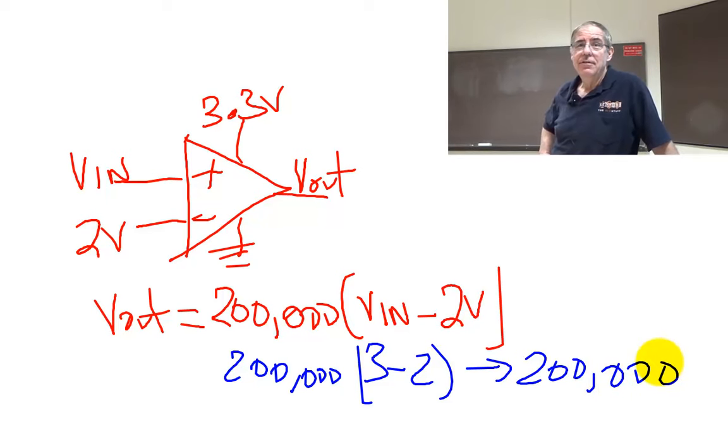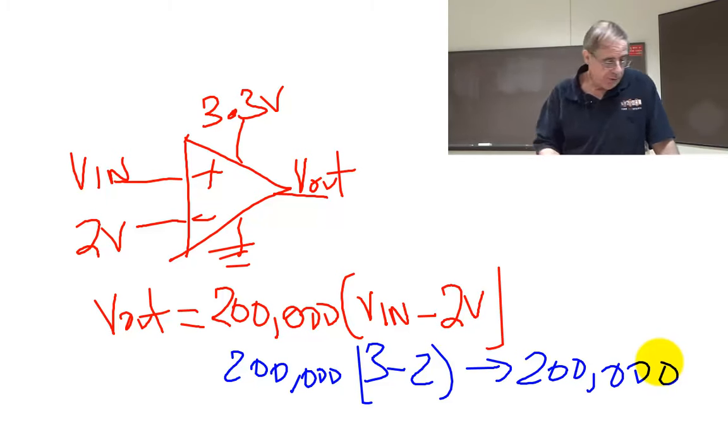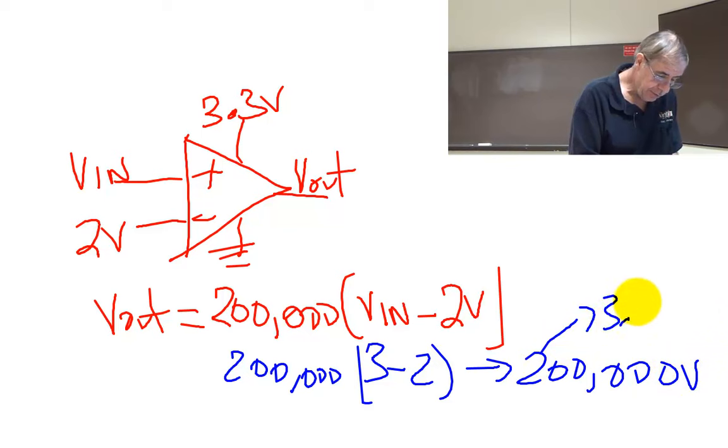Can't get there, right? So what's going to happen to the output? It's a rail-to-rail OpAmp. That rule we can't violate. So what is the maximum output that this thing can generate? 3.3 volts. So rather than going to 200,000 volts, it's going to go to 3.3 volts.